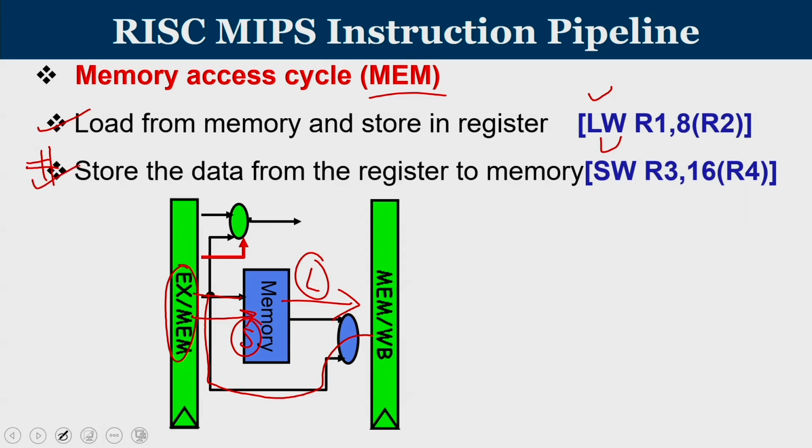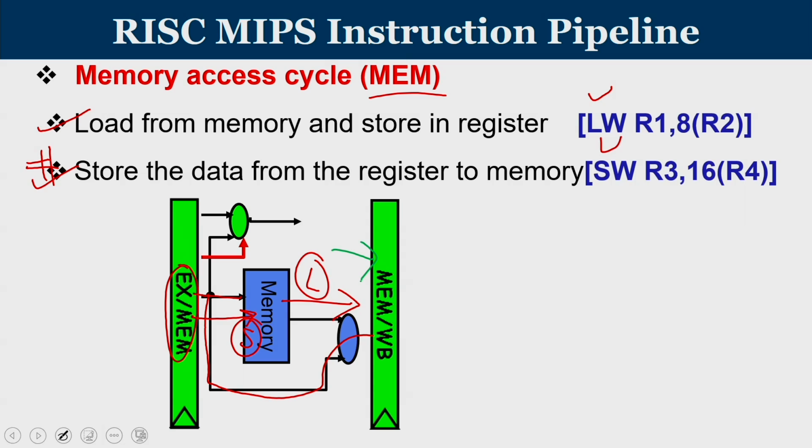Just to summarize, the MEM stage is the fourth stage. By the time you reach the MEM stage, if it is an ALU operation, the execution is already over. If it is a memory operation, the address is computed. For memory operations, using the address, the memory access takes place. If it is a load operation, then with respect to the effective address calculated in the previous cycle, go to memory, access the location and take the value, and the value is now stored in the MEM write back register.